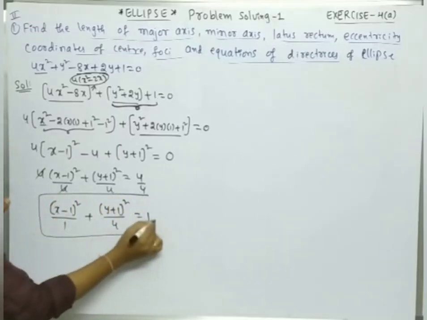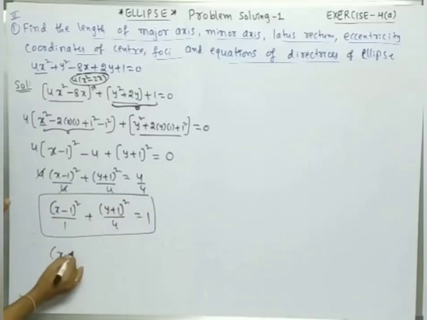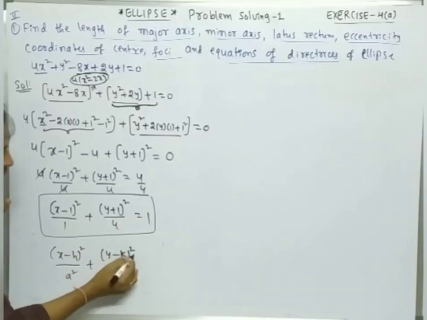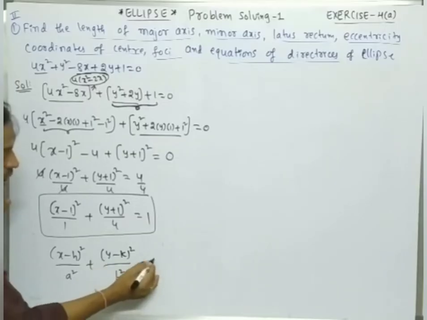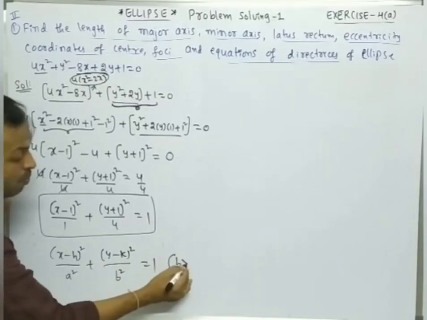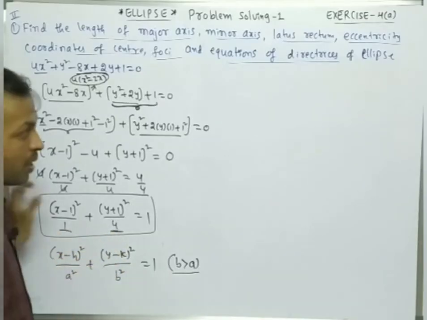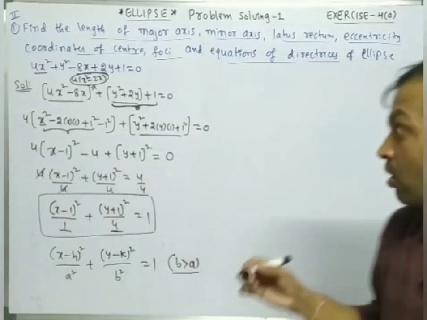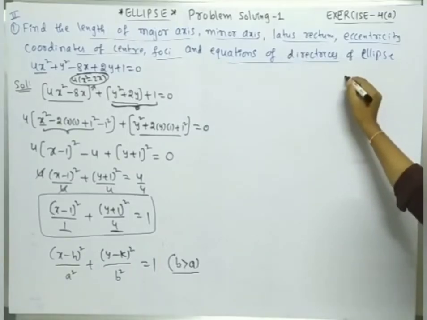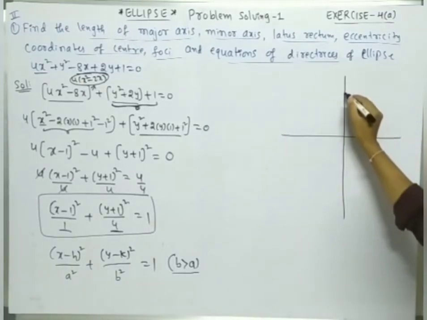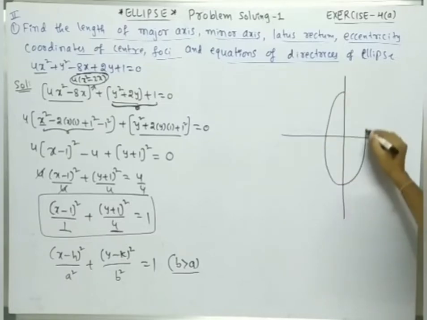This is of the form x minus h whole square by a square plus y minus k whole square by b square is equal to 1, where b is greater than a. Observe, in the denominator b is greater than a. So our ellipse is of the shifted type. So this is like this.